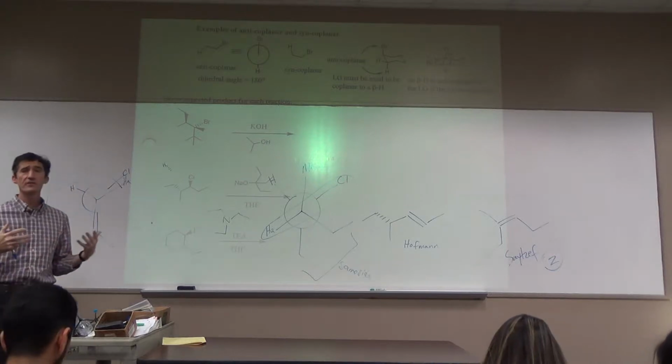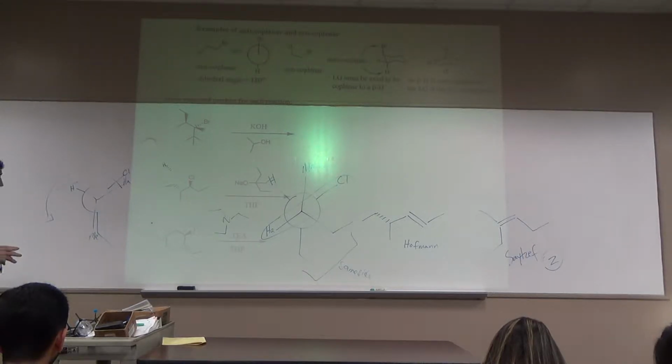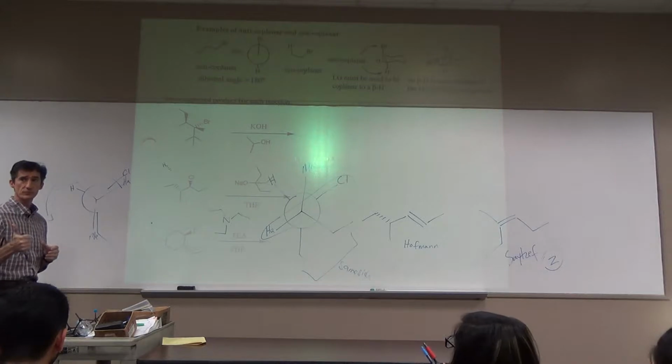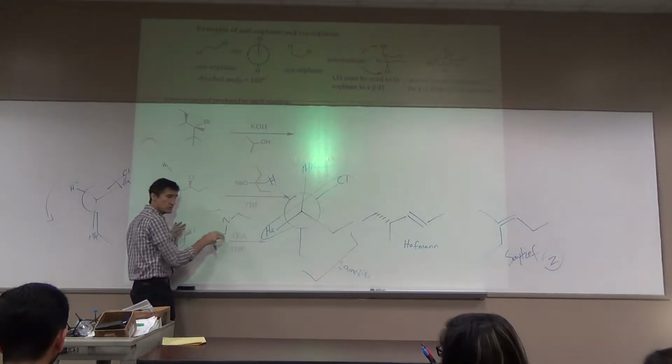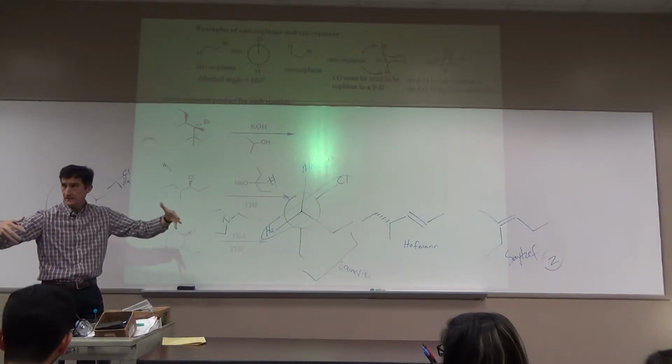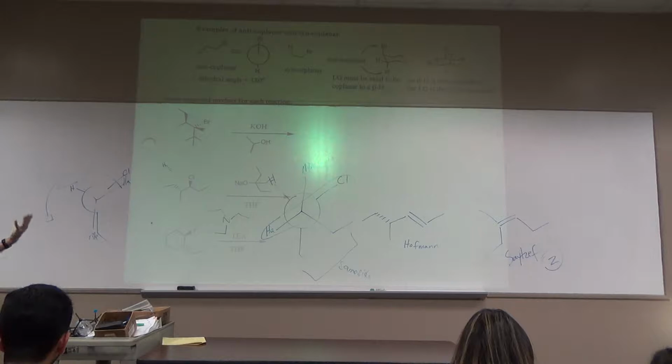Now, of course, it's not the strongest base around. It's a relatively weak one of the strong. We can still classify it as strong. Since it's strong, it can do E2. And the fact that it's sterically hindered, the lone pair sort of hidden in there between these wings, makes it good for E2, as opposed to substitution.